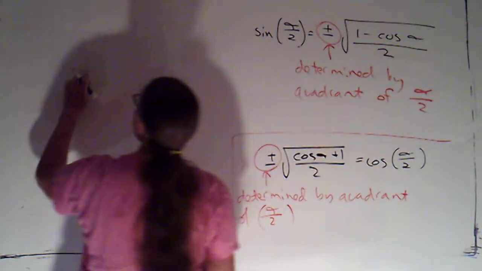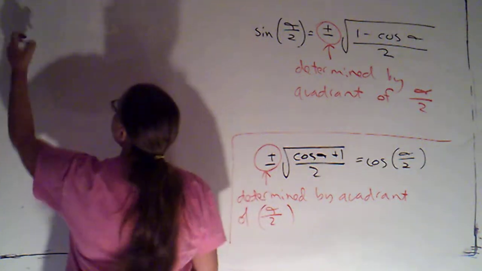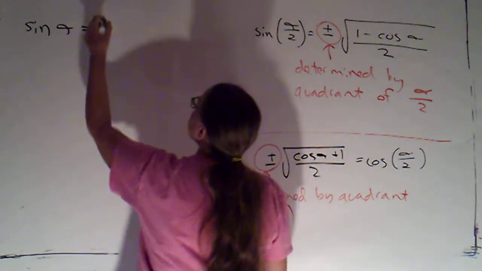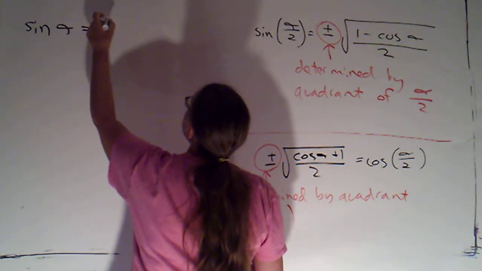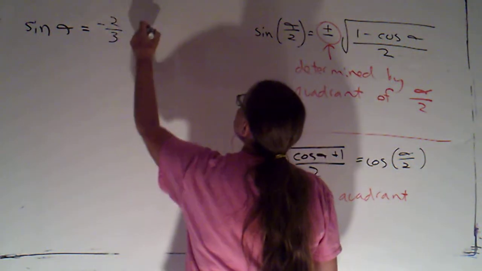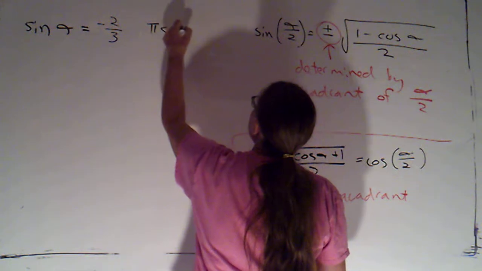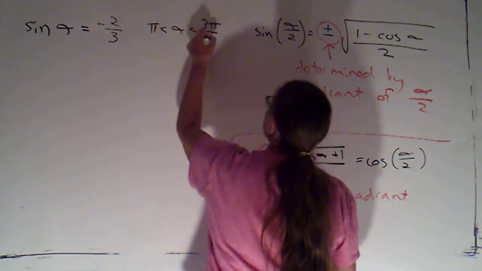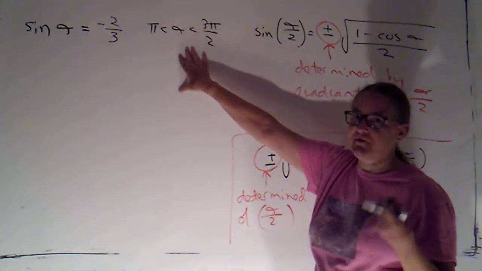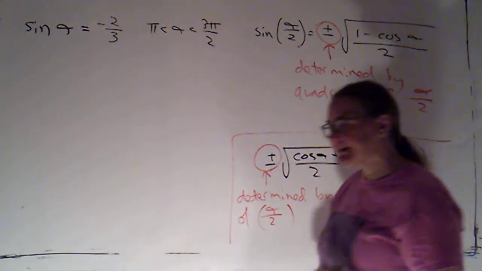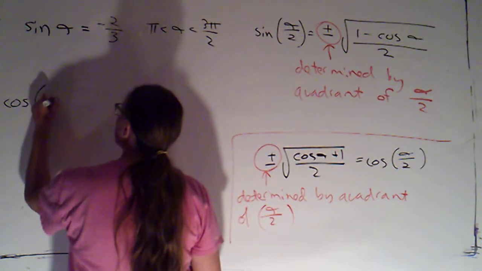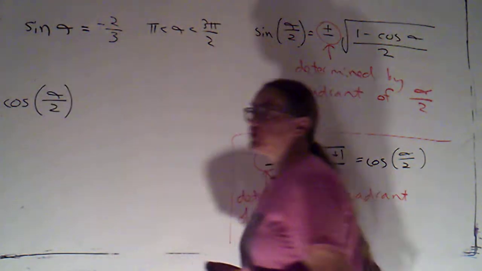And let's say I know that sine of alpha is negative 2/3, and pi is less than alpha is less than 3 pi over 2. So I'm essentially telling you that alpha is in quadrant 3. And let's say I wanted to evaluate cosine of alpha over 2.